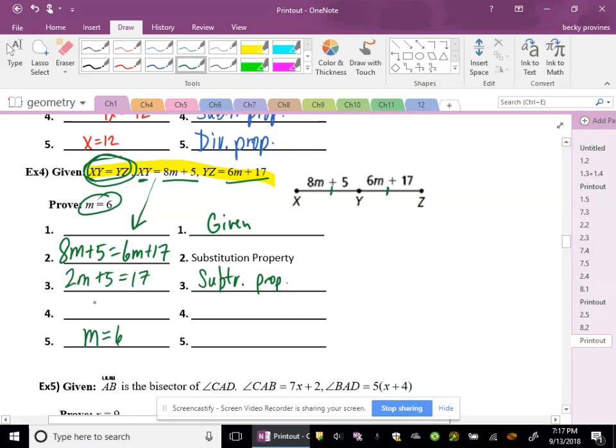How do I move that 5? You're right, subtract again. Subtraction property. So how do you go from step 4 to step 5? Well, I'm getting rid of this 2 by division property. So hopefully maybe that one was a little bit easier and you're going, okay, I can do this.